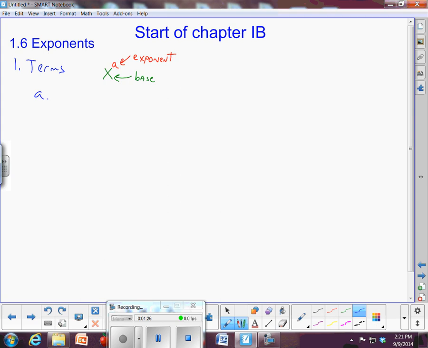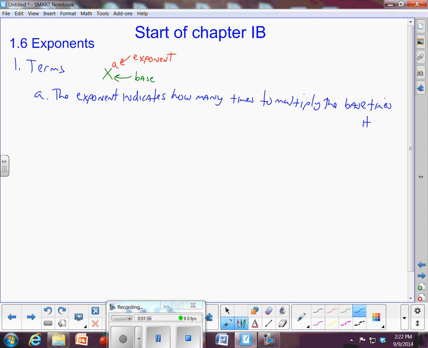So the exponent indicates how many times to multiply the base times itself.